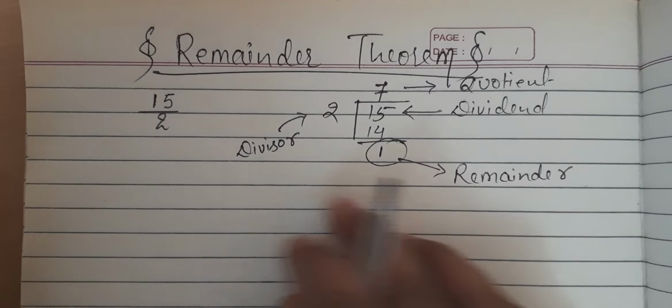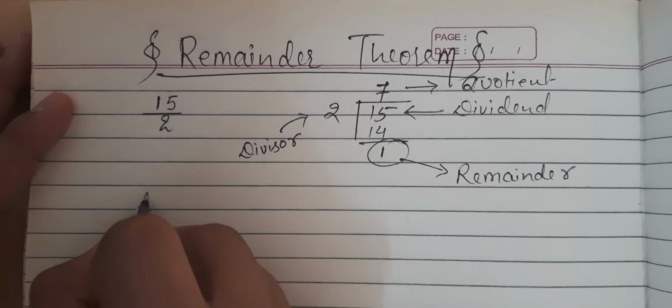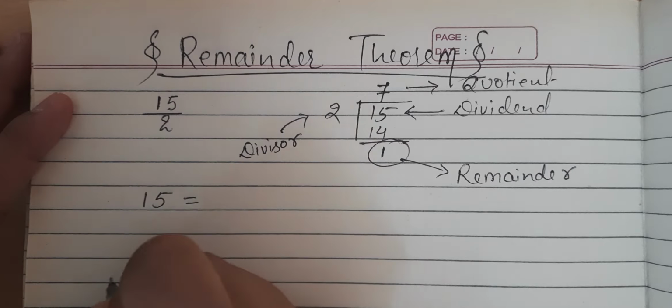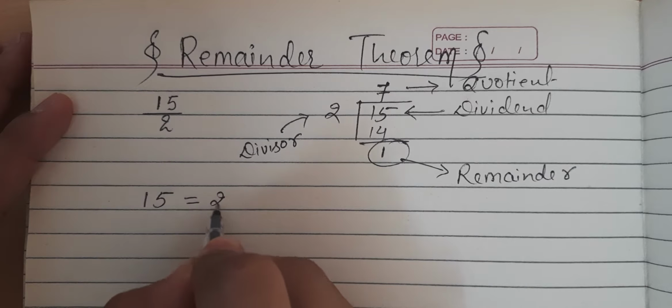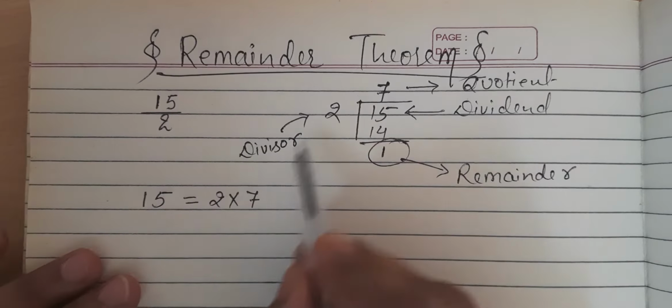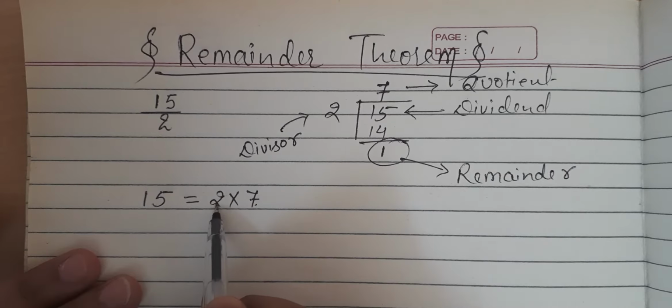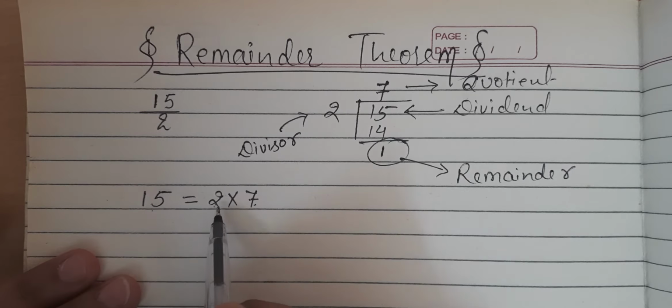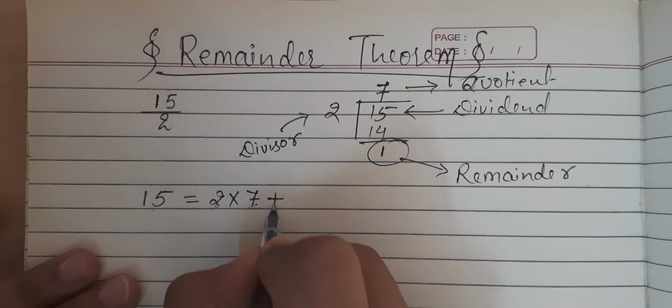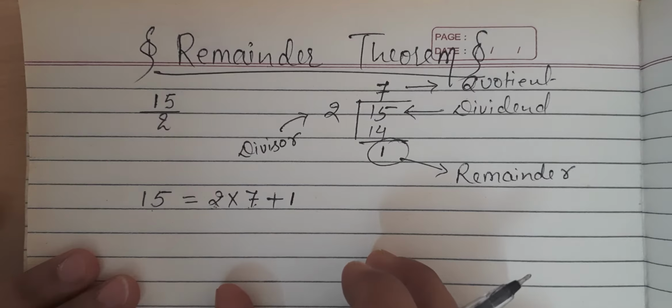Okay, so this 15 can be written as 2 multiplied by 7, because 15 is divided by 2. So this 15 can be written as 2 sevens are 14 plus 1, 15.